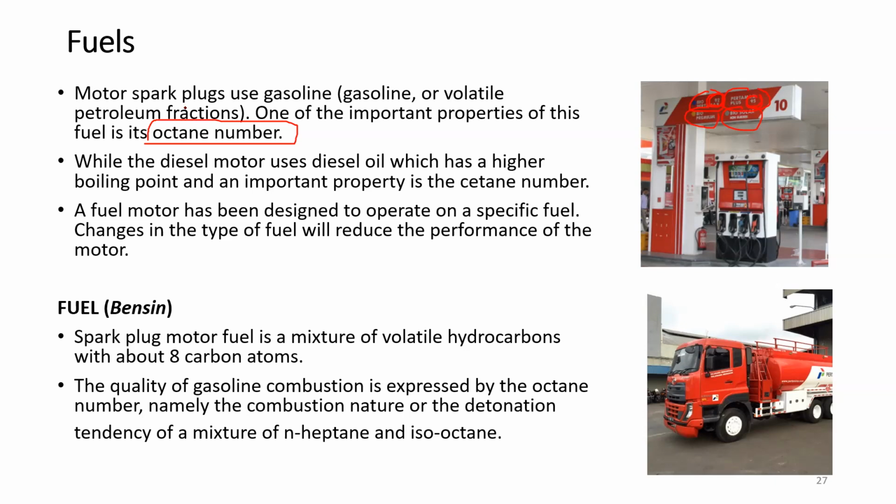Search it. It's actually 88. The Pertalite has a slightly higher octane number, around 90, and Pertamax is 92. We also have Pertamax Plus, which is 95. So what does a higher octane number in fuels indicate?